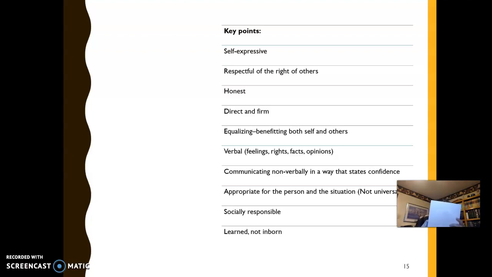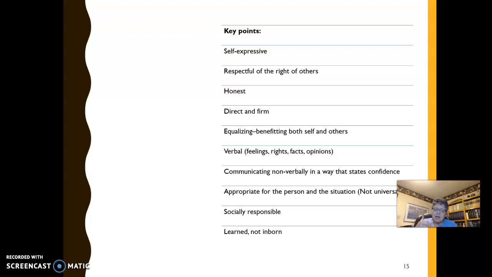Assertive behavior is that which promotes equality in human relationships, enabling us to act in our own best interest or to stand up for ourselves without undue anxiety, to express our feelings honestly and comfortably, to exercise personal rights without denying the rights of others. That's taken from Alberti and Emmons' book entitled Your Perfect Right.